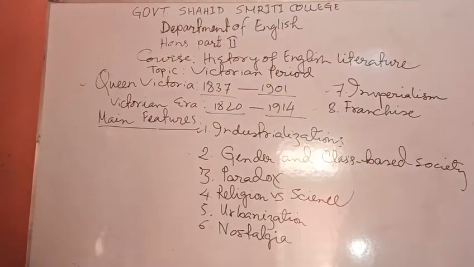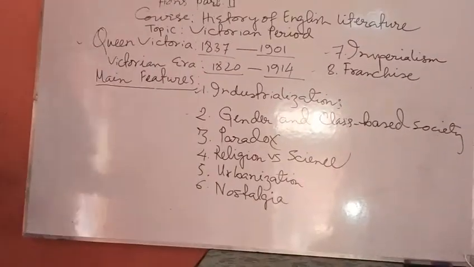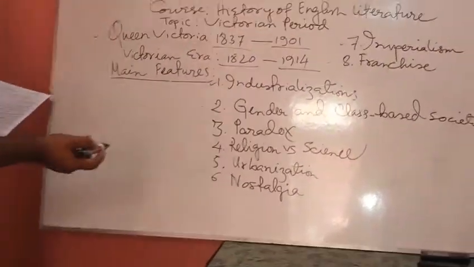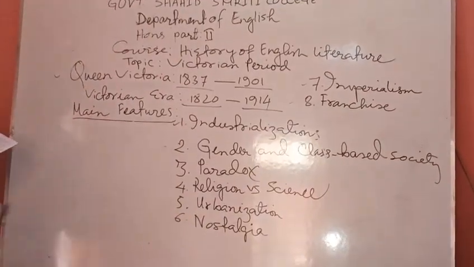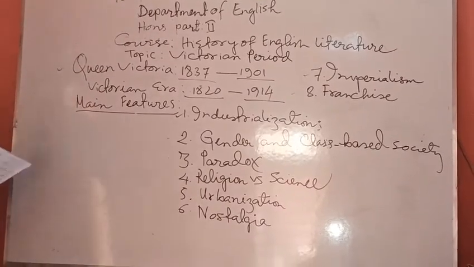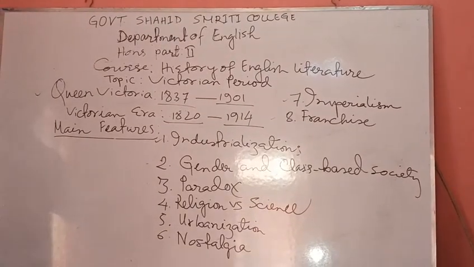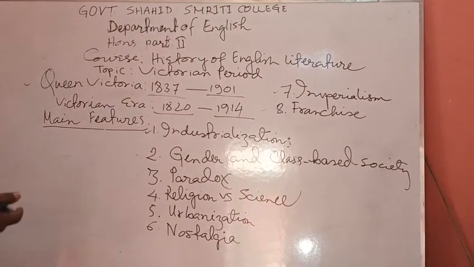Today we use lots of gadgets. For example, we use railways, photography, electricity, telegraph, steam engines, and so on. Different products of science.